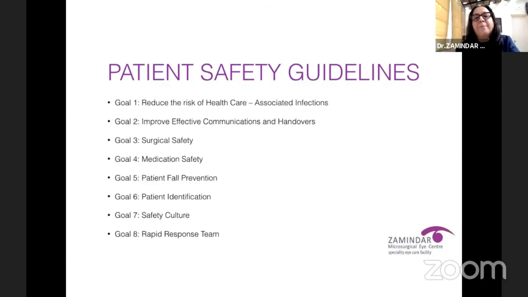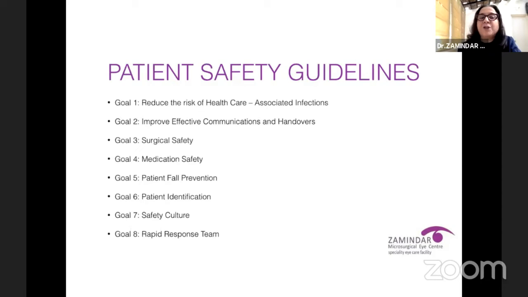So friends, these are the patient safety guidelines, which have 8 very distinct goals. Goal 1 is to reduce the risk of healthcare associated infections, about which this entire IC is focused. But when I am talking about safety, there are many other aspects which become a part of safe protocols. Goal 2 is improve effective communication and handovers.